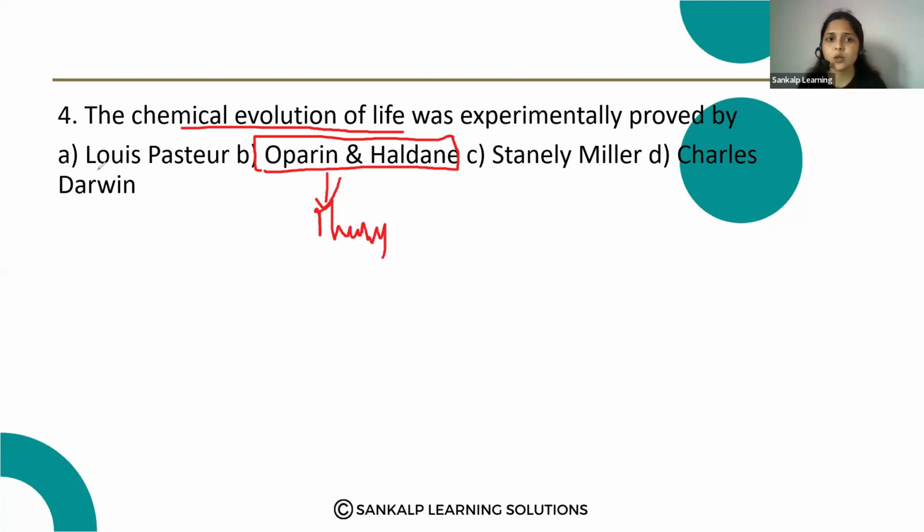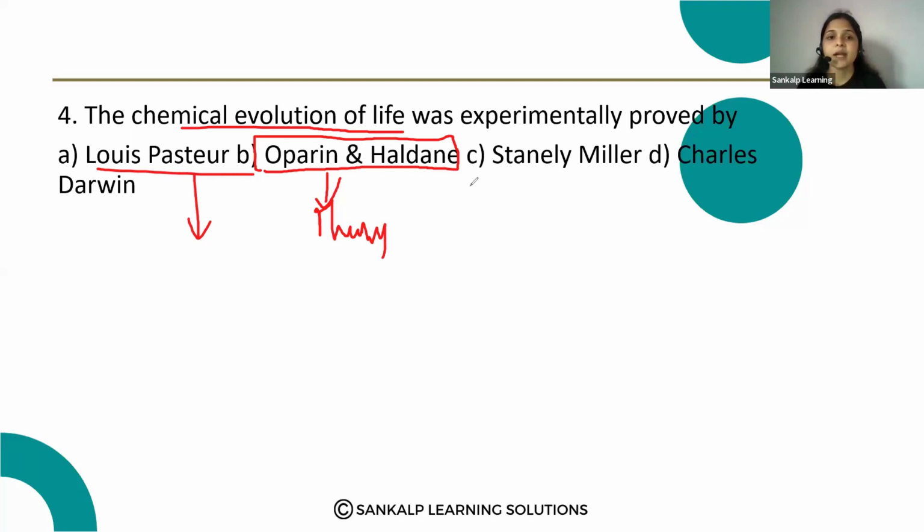But Louis Pasteur's experiment is related to spontaneous generation. He experimentally proved that spontaneous generation is not possible. All organisms develop from pre-existing living organisms. That is Louis Pasteur's experiment, also called the Swan Neck experiment.